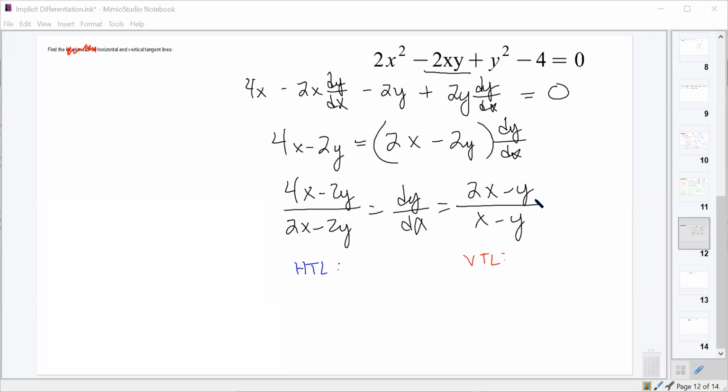When the numerator equals 0, right? Well, this one's different, isn't it? This is y equals 2x. This is giving me two different variables there, isn't it? That's a problem. How am I going to deal with that problem?